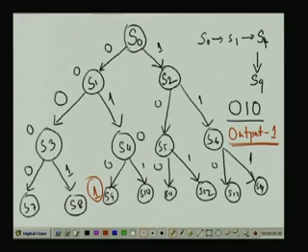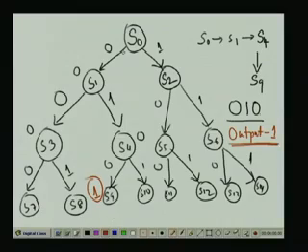So if we consider only the current 3 inputs, then only this is the branch where I can get a 1. This is the branch where I can get a 1 output, and the remaining branches will give the 0 output.